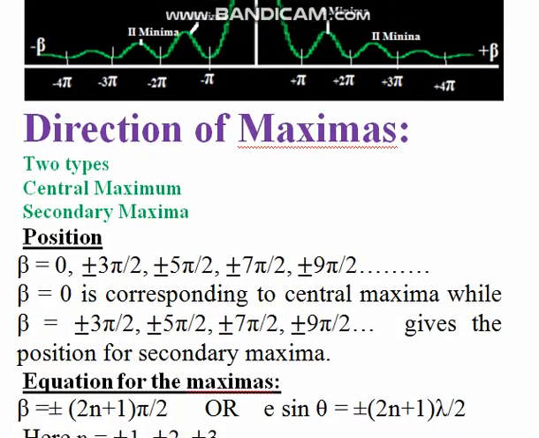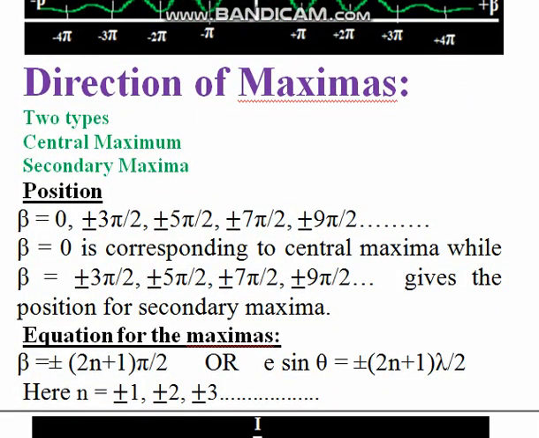Now let's see the direction of maxima. Maxima are of two types. One is the central maxima, and on both sides of the central maxima there are the secondary maxima. All other maxima are known as secondary maxima. The position of all maxima is given by beta equal to 0, plus minus 3 pi by 2, 5 pi by 2.